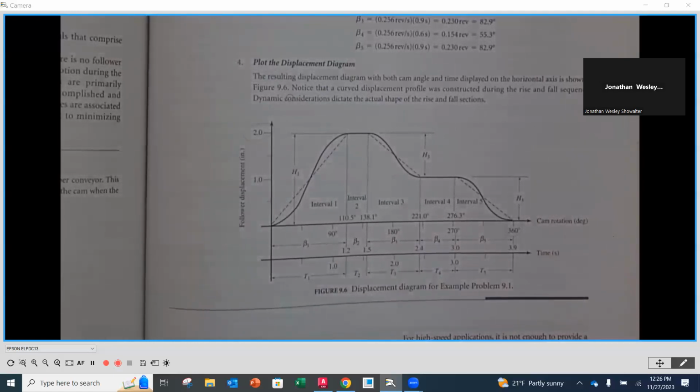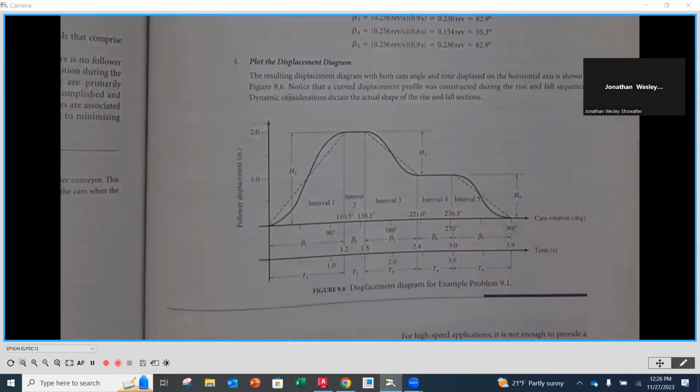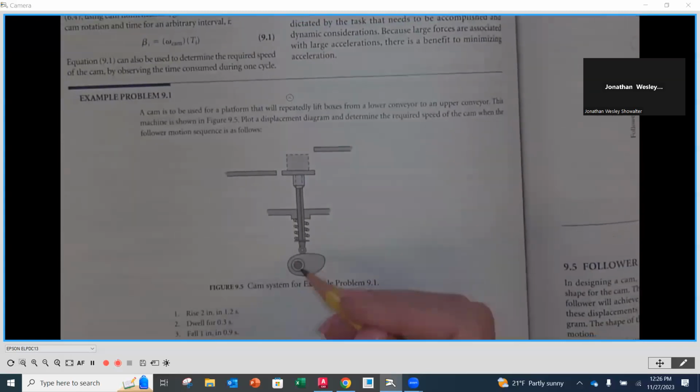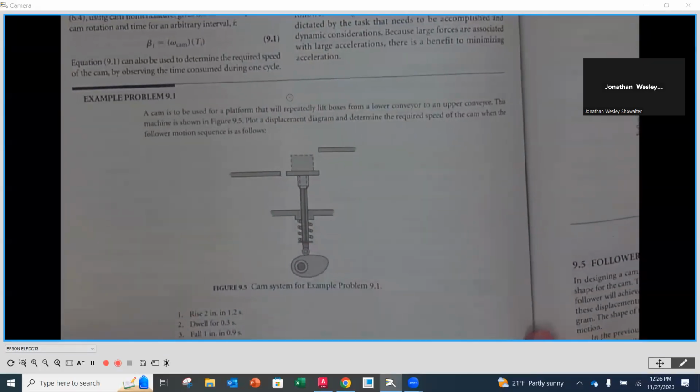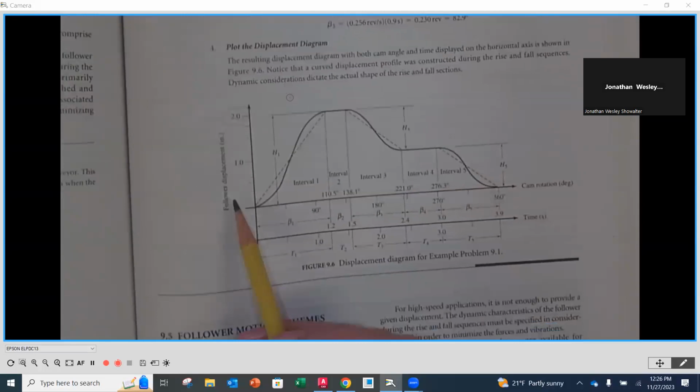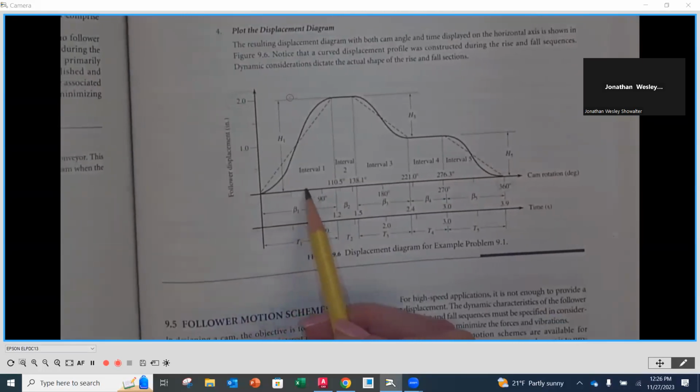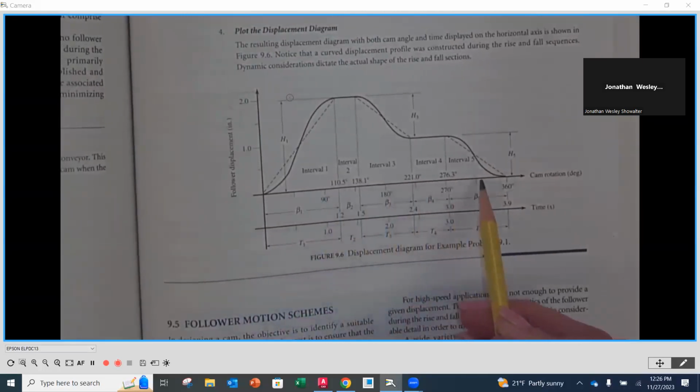Okay. Now, if, for instance, if we go back over here, if this was a constant diameter going all the way around here, okay, as just a circle that was offset from that center, that would mean that this would go as a flat line the entire way, because that follower wouldn't move, right?